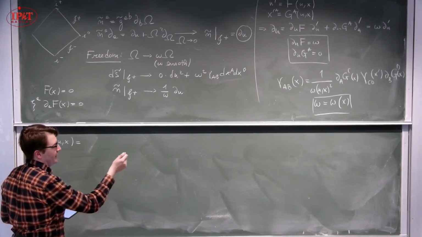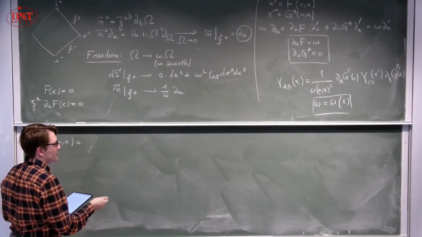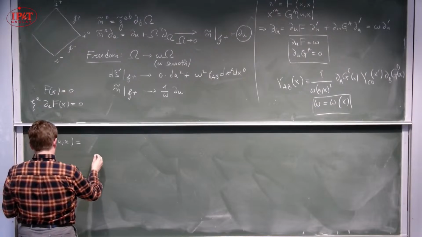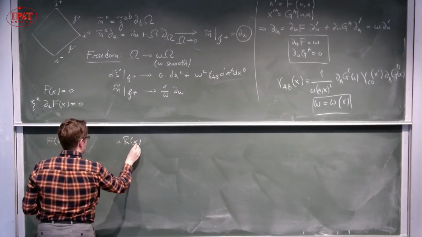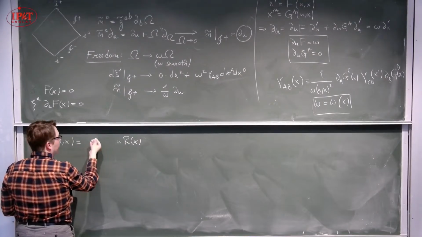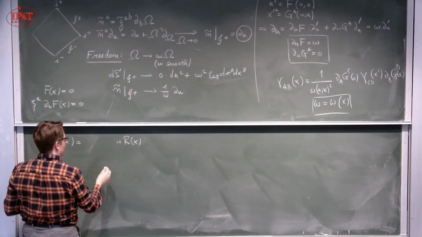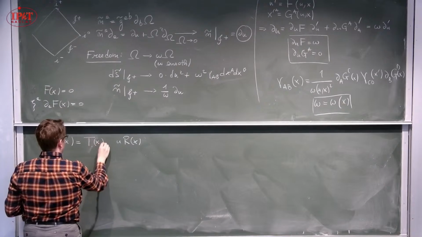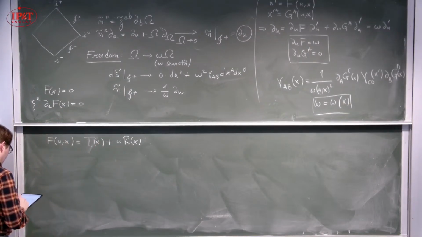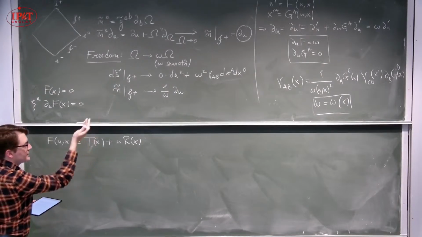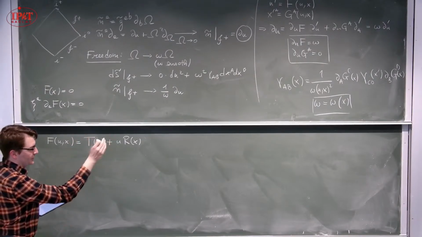The derivative is omega, and omega does not depend on u, so it must be u times omega, or let me call it u times r, for later convenience. And then an integration function, let's say, that does not depend on the retarded time. And okay, the rest is simply that g a is a conformal transformation.